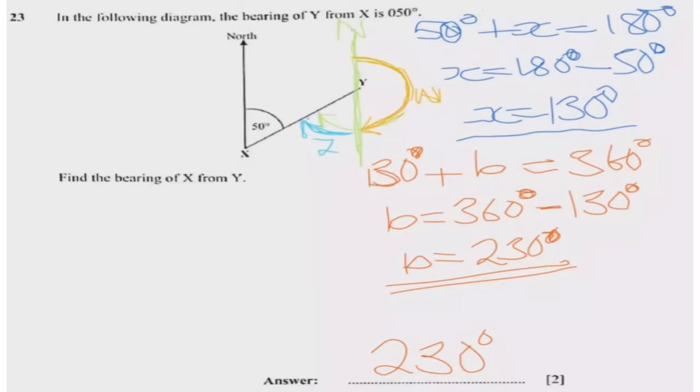So angle W is equal to 180 degrees. To find the bearing of x from y, we add W plus Z, which gives us that bearing. We don't know the value of that angle, so we'll leave it open.